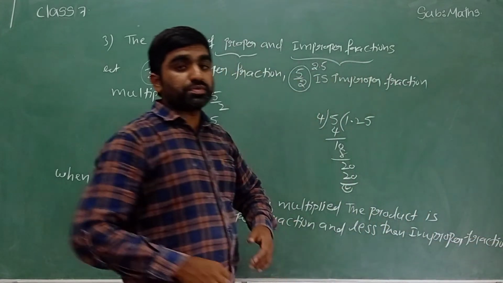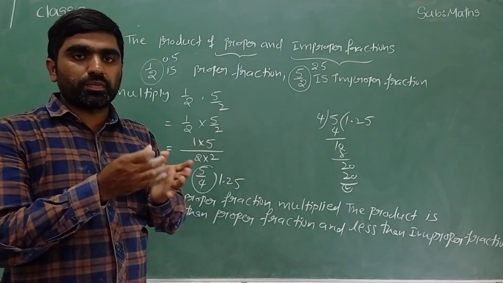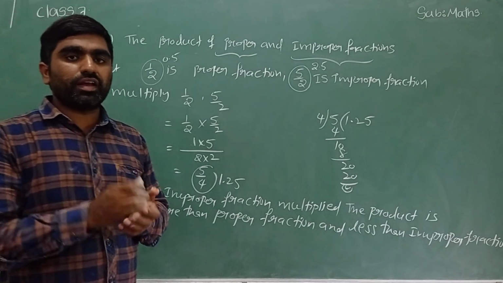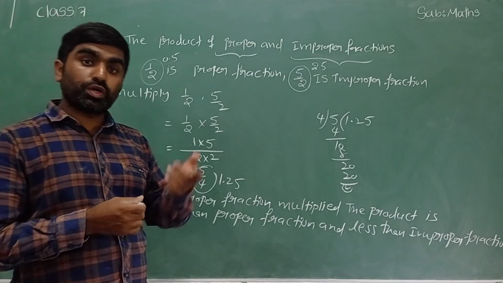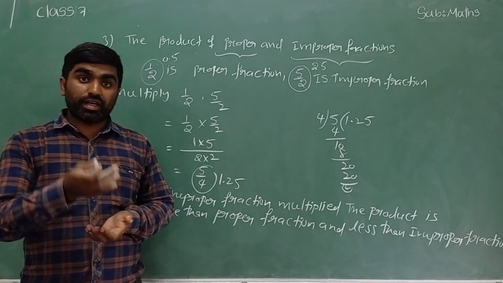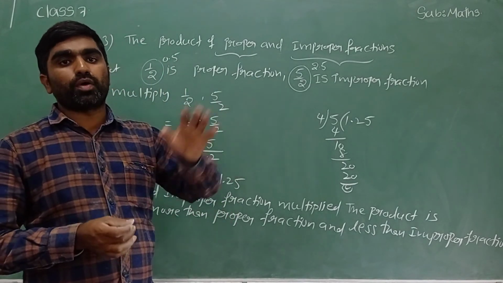Yes, what we observed in all three cases. First, I took two proper fractions and multiplied, and I observed the result is smaller than each proper fraction. Second case, I took two improper fractions, multiplied them, and observed the product value is more than each improper fraction.